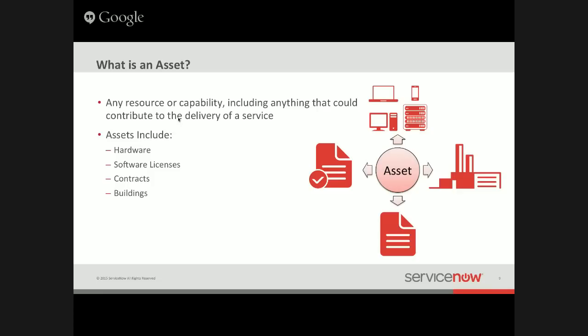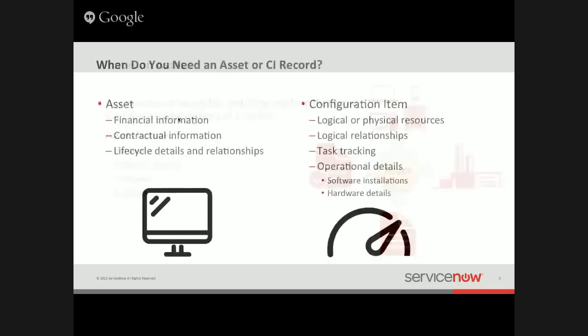And what this really gets down to, and what people need to consider in your environments, is what types of information do we need to track about these items? And you use that to determine whether or not you should have an asset or CI record or both in your environment. What it comes down to simply is, if you need to track financial information for an item, if you need to track contractual information about an item, or life cycle details, is it in stock?